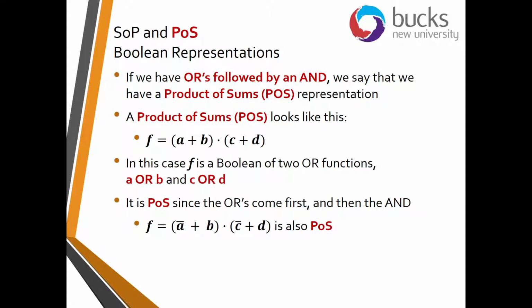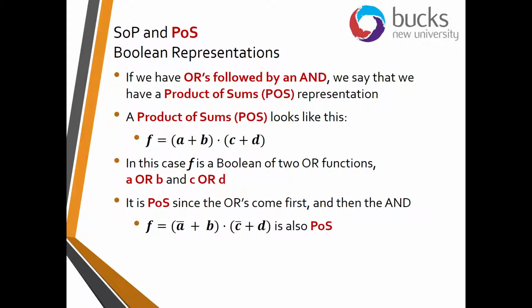So the first logical gate that the inputs go into are ORs, and then we go into an AND as our second level. So in this case, F is a Boolean of two OR functions, A or B and C or D, and it is product of sums, POS, since the ORs come first and then the AND gate is at that second level.